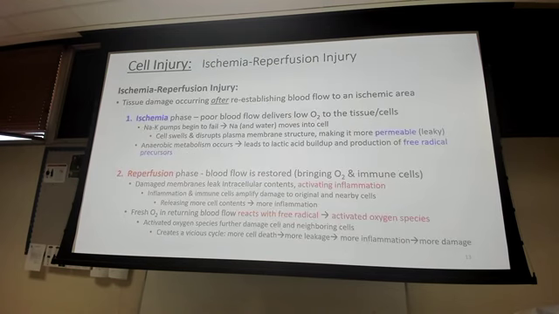And then going back to this ischemic reperfusion injury. This is what I was briefly talking about when I first started the lecture. Say there's a blockage. Say a patient has a heart attack, there's a blockage in the coronary artery. Now those cells that are not getting enough oxygen are starting to swell, they're starting to become leaky.